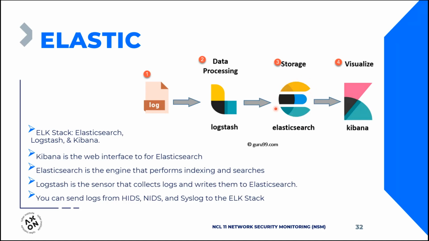In order to have a graphical interface to see the data and perform the searches, there is the third component, which is Kibana. Kibana is only a graphical, web-based interface where you log in and then you have access to Elasticsearch. Through Kibana, you send your search query, and then it pulls the results from Elasticsearch and displays them to you with graphs and statistics.